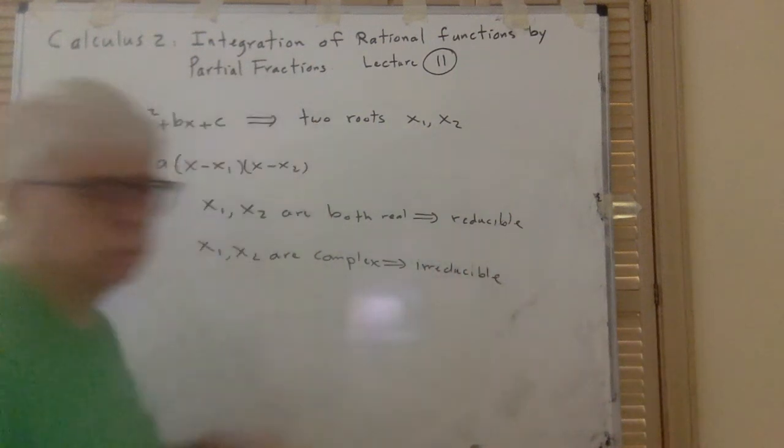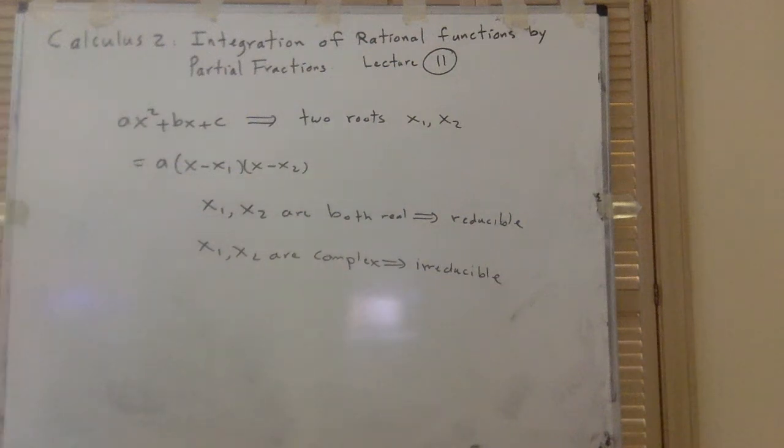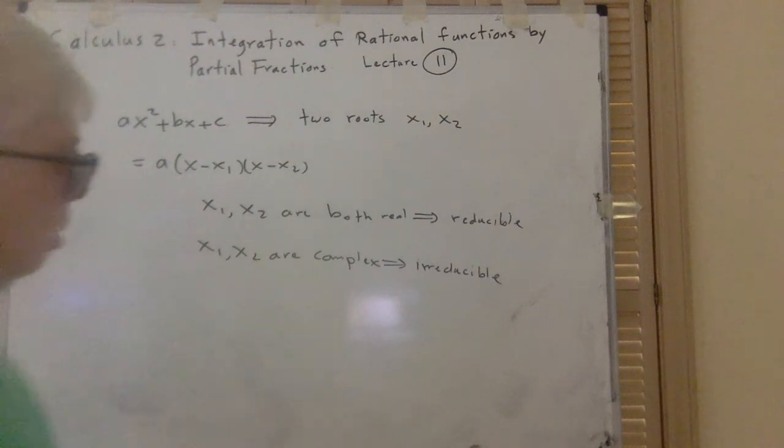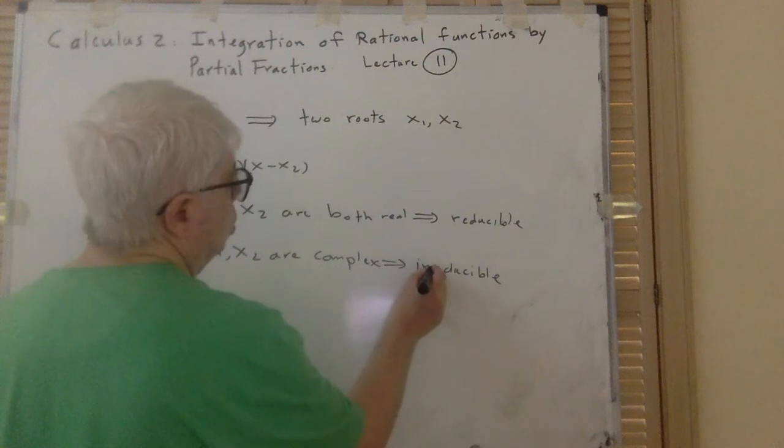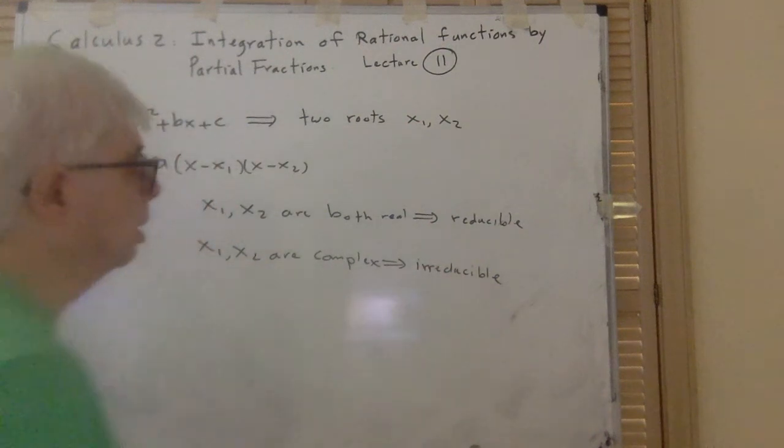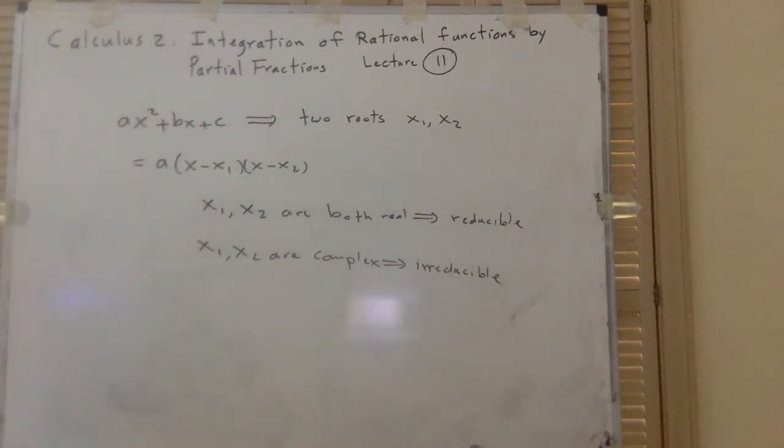Now, why do we say irreducible? Because you might say, gee, we factored this. True, but since we are dealing with the real numbers, we just call this irreducible. If we are doing complex analysis, then that is okay, we can have something like that. But we are dealing with just the real numbers, so we call this one irreducible.